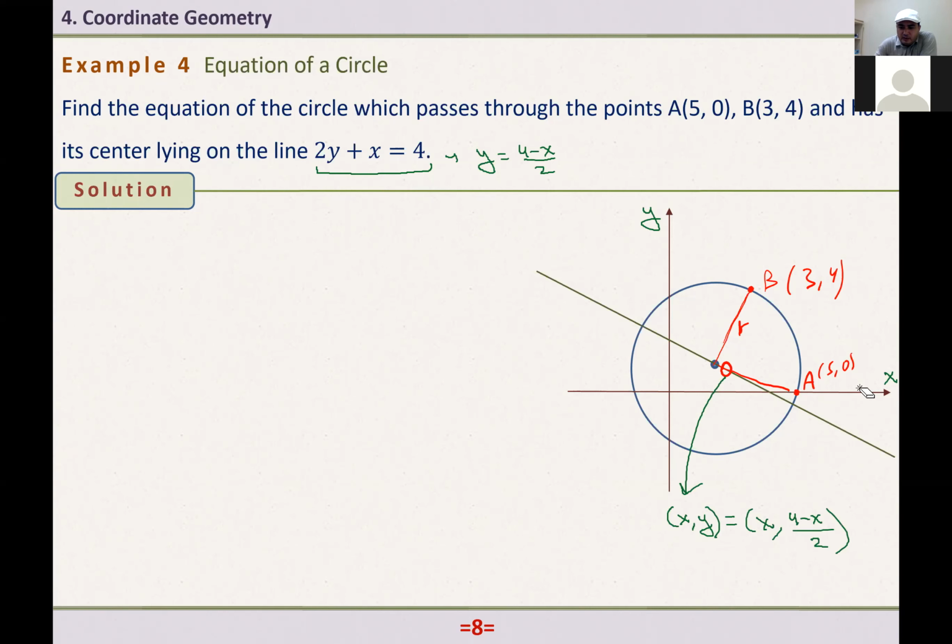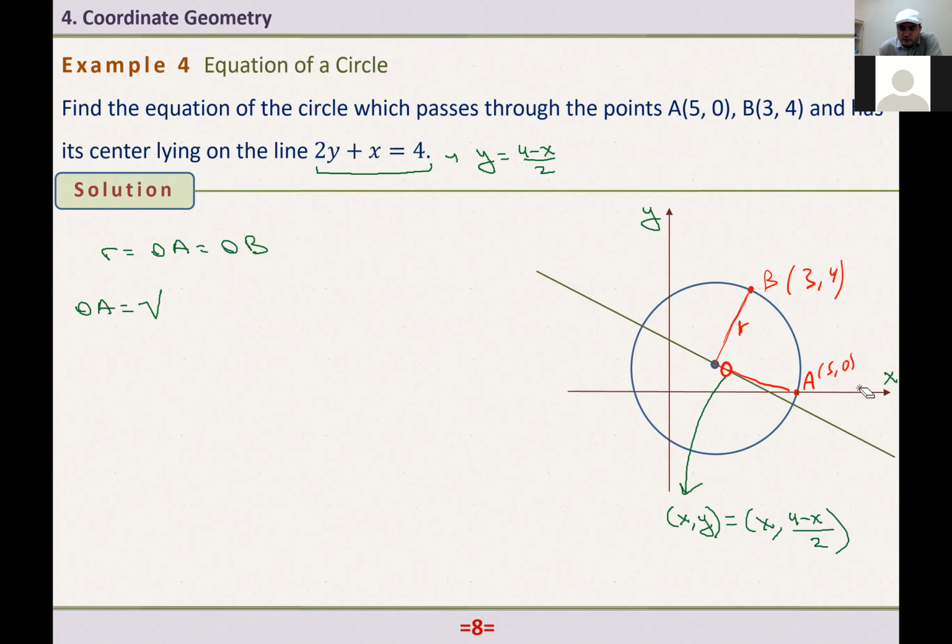And since the points A and B are on the circle, if you join them, OB and OA, this radius is equal to OA and at the same time OB. So now for OA, what is OA? OA is the distance between O and A. So that's equal to, X1 minus X2.